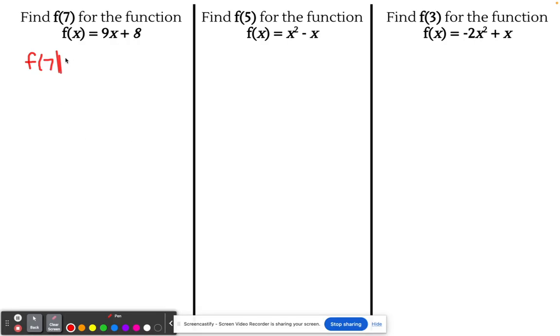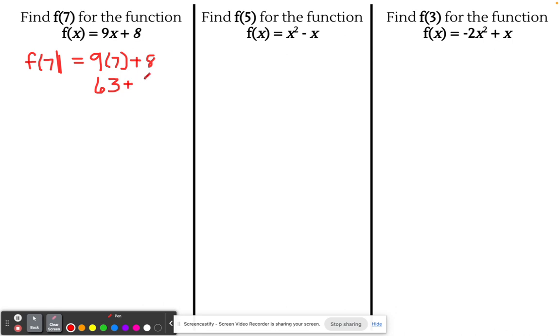To get my output, I will substitute 7 for x. So 9 times 7 plus 8. Well, 9 times 7 is 63, plus 8.